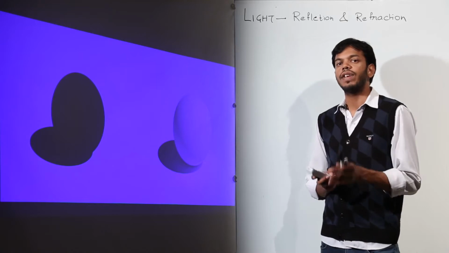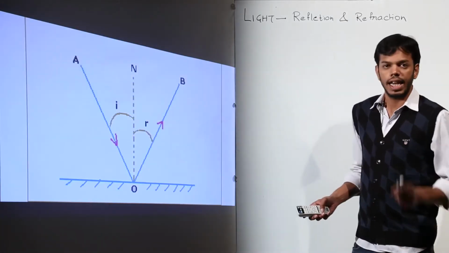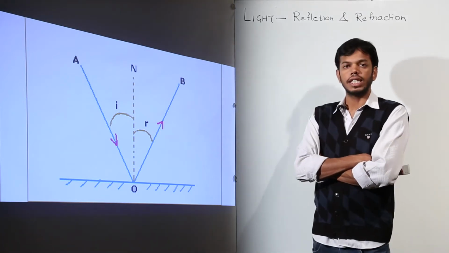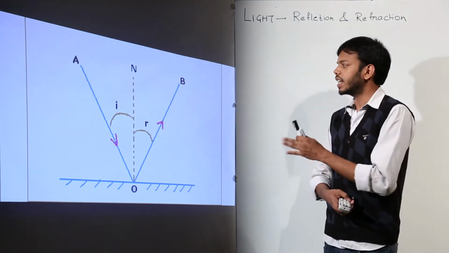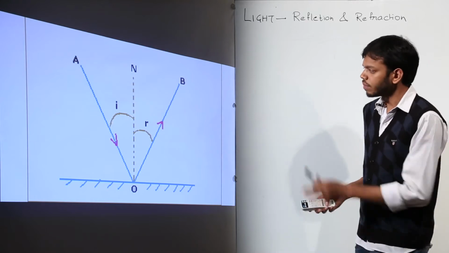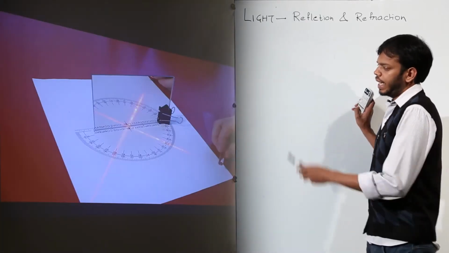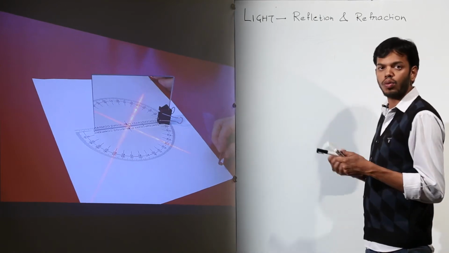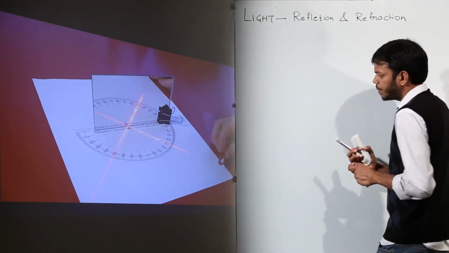We have studied reflection from plane surfaces and we have studied a law: light which is incident at any angle will get reflected back at the same angle, right? Let's elaborate it more. This i equal to r was the basic law of reflection. What were the 3 laws of reflection which we have studied before?